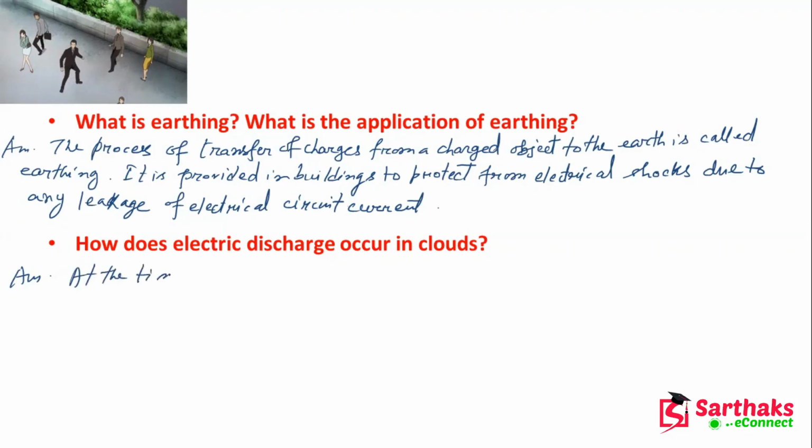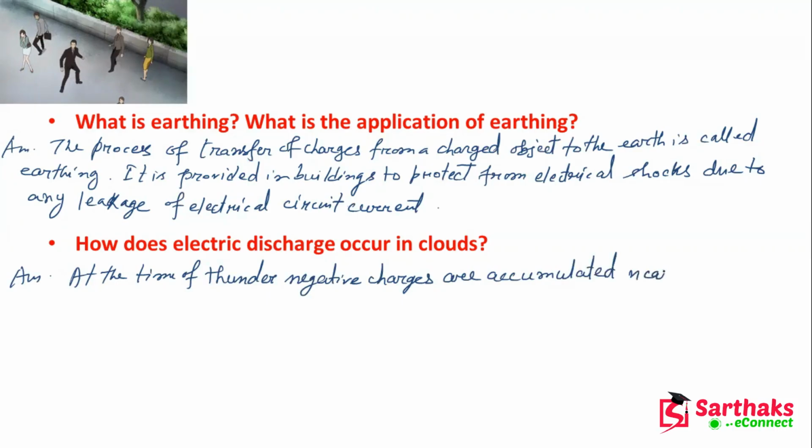At the time of thunder, negative charges are accumulated near the clouds and positive charges near the ground.